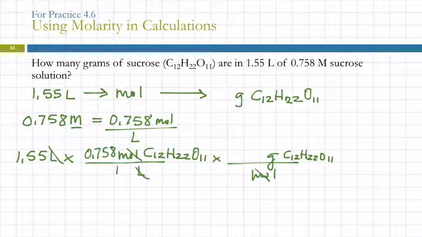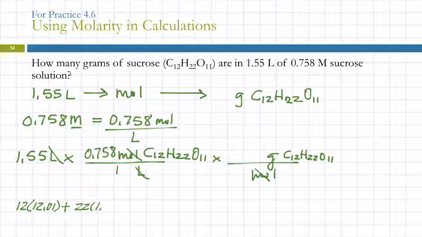Then we need the molar mass of sucrose. 12 times the mass of carbon plus 22 times the mass of hydrogen plus 11 times the mass of oxygen. Sucrose is the substance in table sugar.